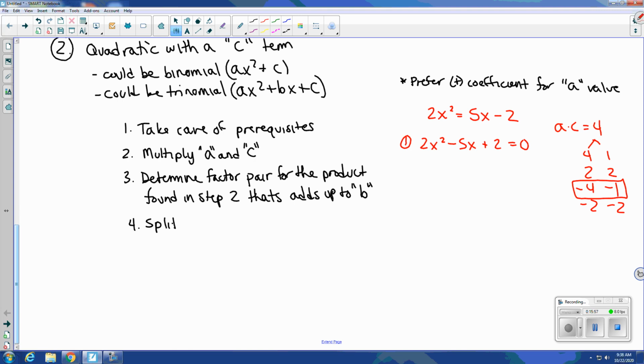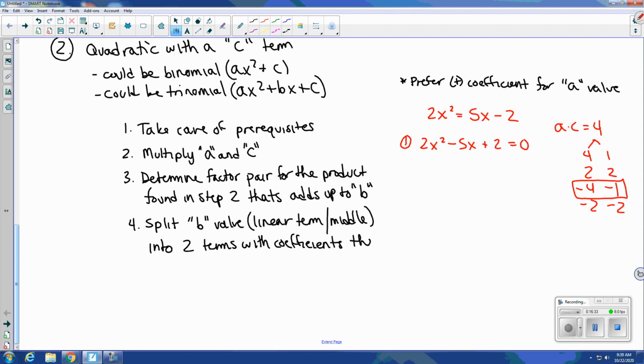So you're going to split the b value, or that linear term, also referred to as the middle term when we're in standard form, into 2 parts, or 2 terms, with coefficients that are the pairing found in step 3.